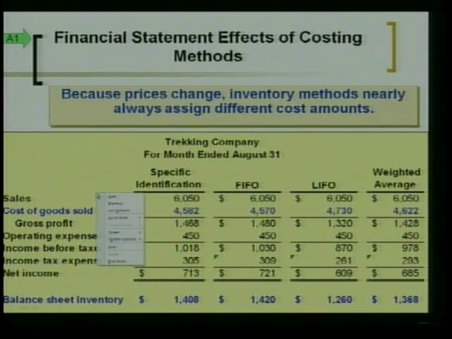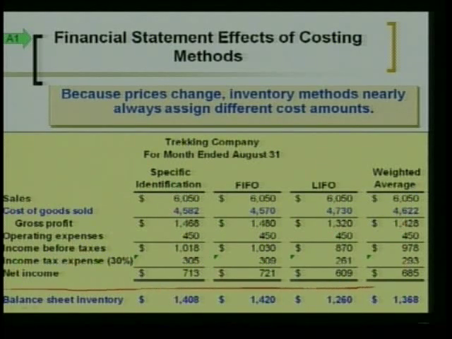Okay? And then down here, let me go ahead and use my pen. They separately listed what the inventory would be on the balance sheet, the ending inventory, at the end of August 31st. Of course, we know inventory is not on the income statement, right? You know that by now. But what they're saying is, hey, look, the method of inventory costing that you choose is going to be a pretty important decision, right?